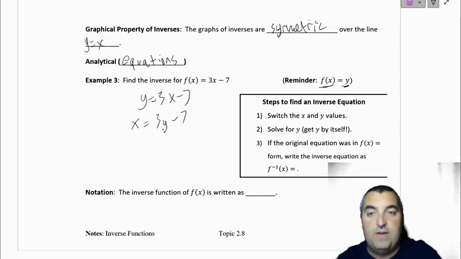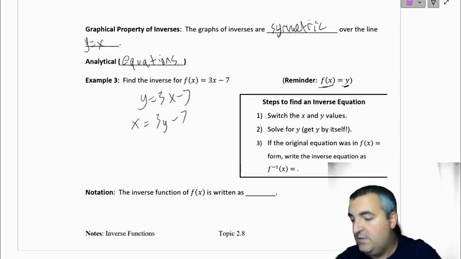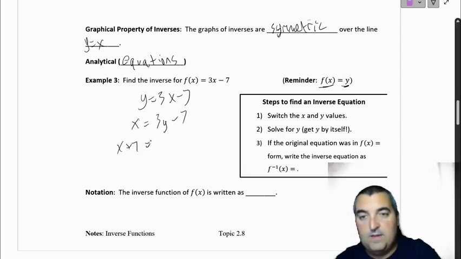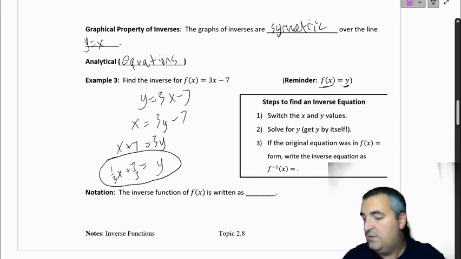We want to solve it for y. So that's what I'm going to do. I'm going to add 7 and then divide everything by 3 or multiply by 1/3, however you want to think about this. But I will get 1/3 x plus 7/3, and right there is my inverse function.